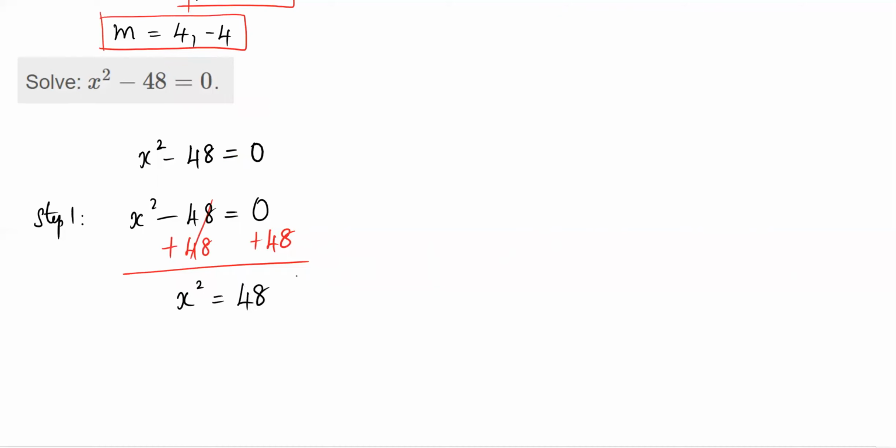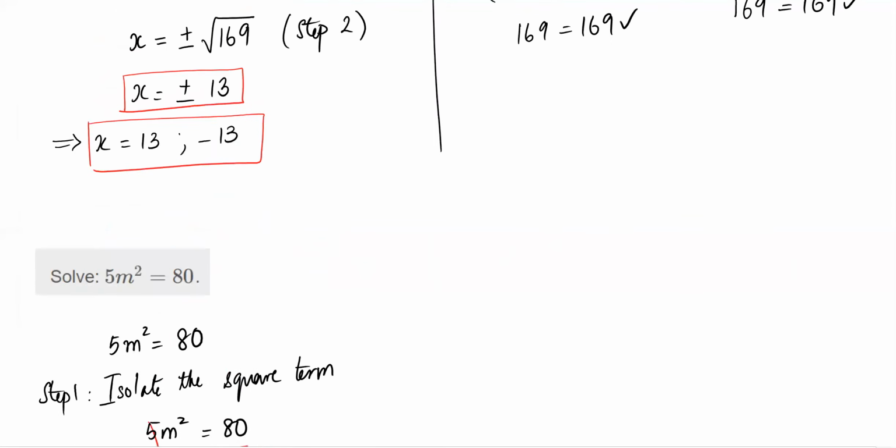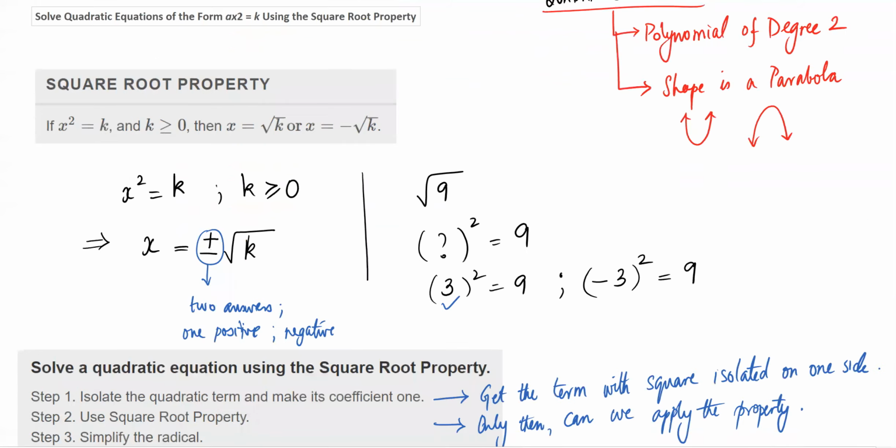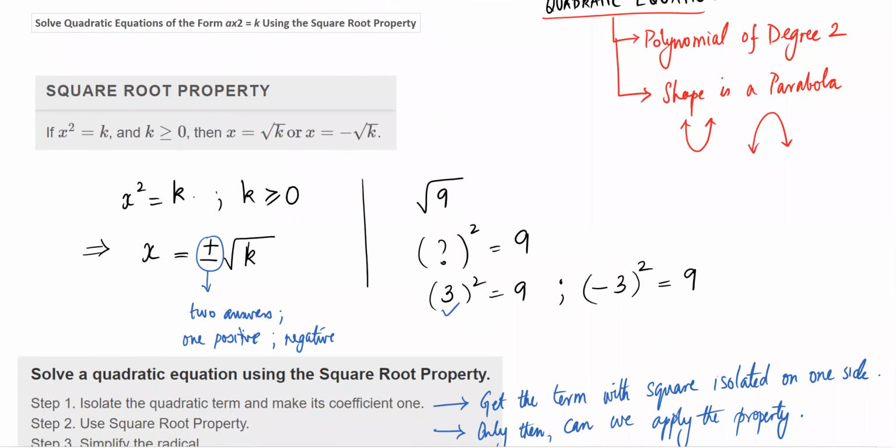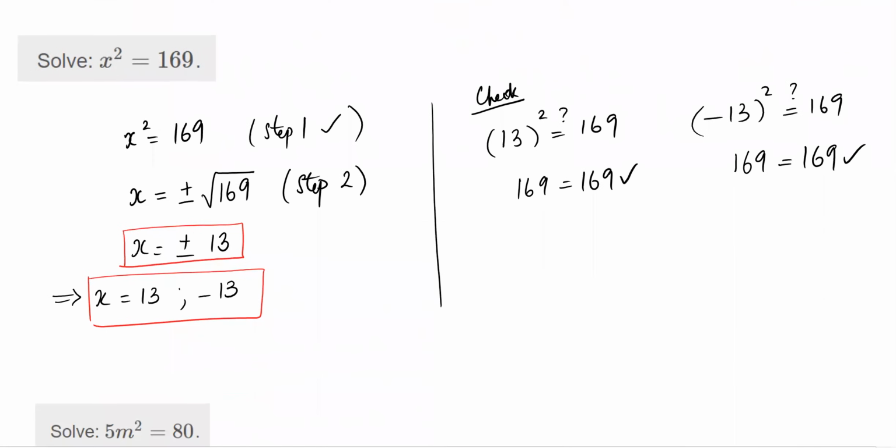Another thing, if you go back to the property, let me quickly take you back to the property here. Remember we said this k must be positive. Okay, it can be 0 or positive. So that's another thing we are tracking. Okay, let's come back here. See here, this was positive.